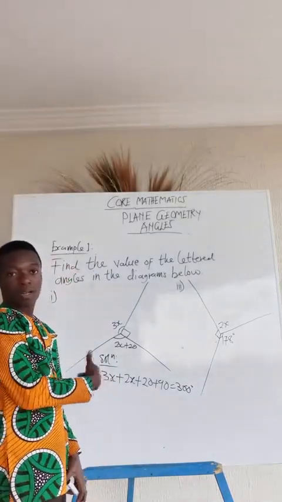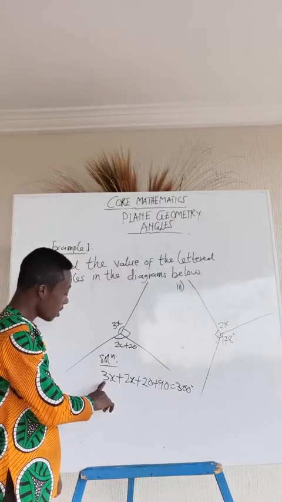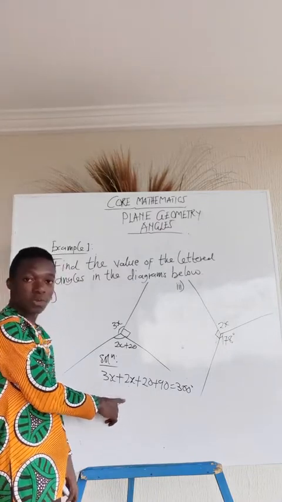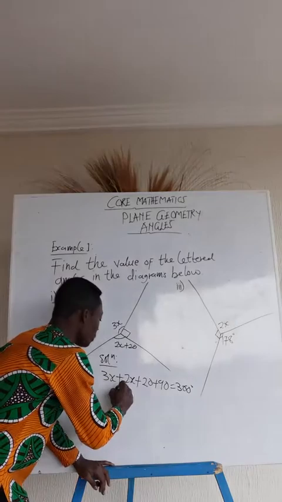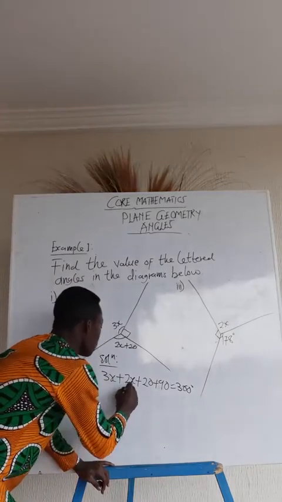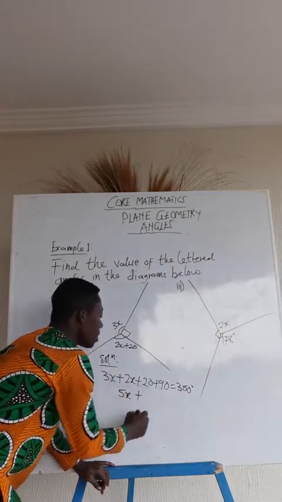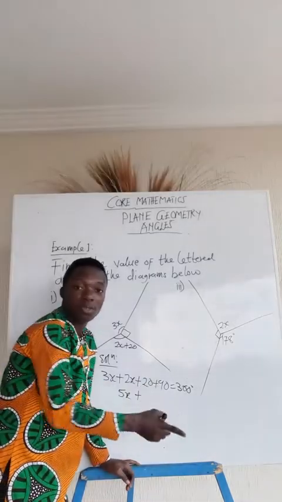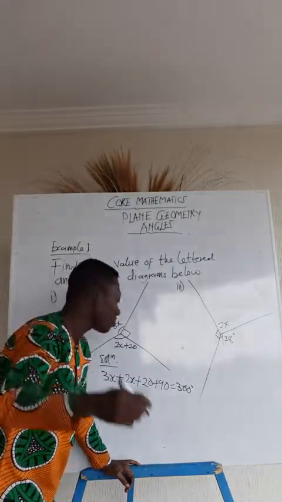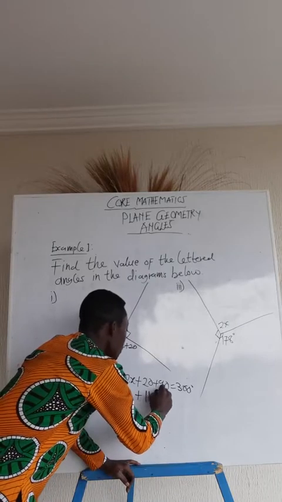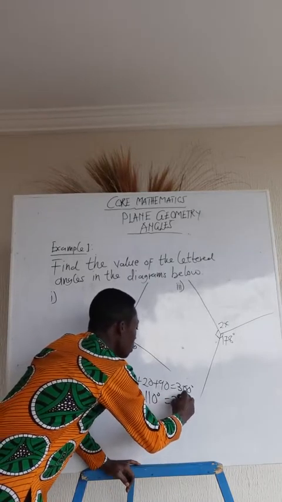Are we adding like terms? 3x plus 2x will give me 5x. Then 20 plus 90 will give me 110. Good. So 5x plus 110 degrees equals 360 degrees.